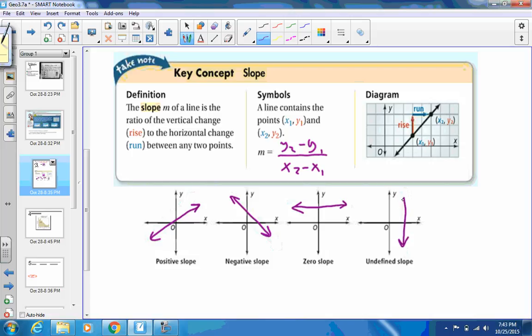Undefined slope is not zero slope. It just does not make sense. If you think of a ski hill, you can't go straight down like that. You'd just be falling. So there's no real way to describe it other than saying it's undefined.